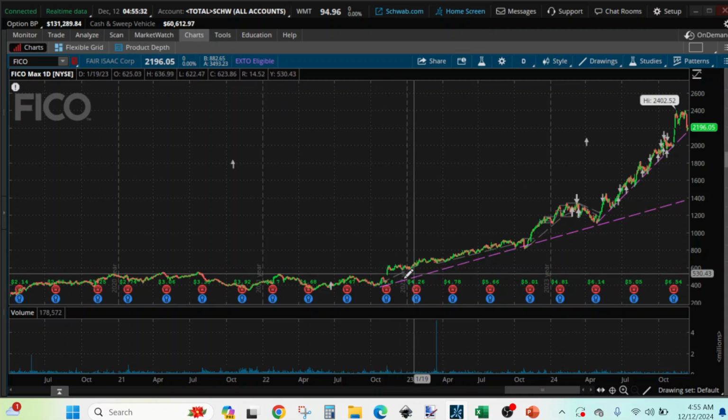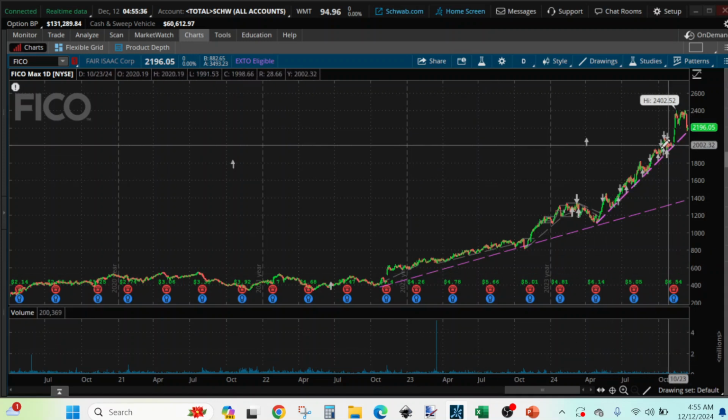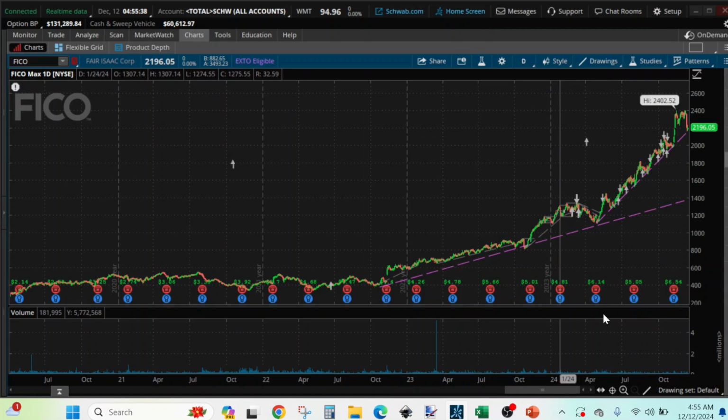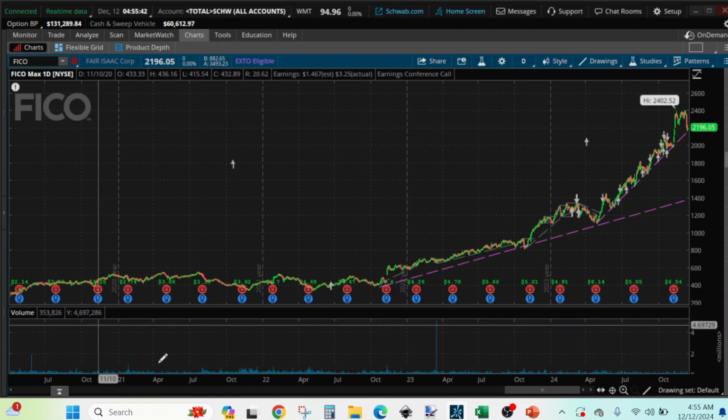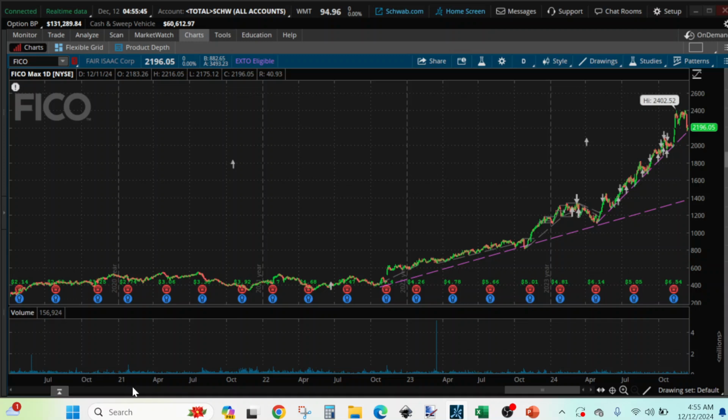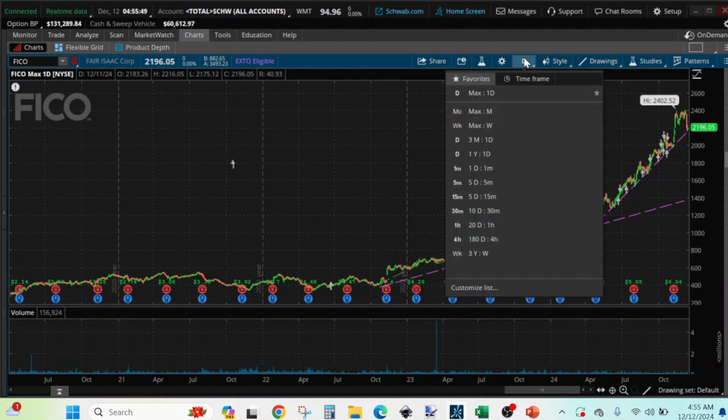But then we have this. So based on that assumption, I decided not to. But again, since this maximum daily chart is not showing us past March 2021, we can go to maximum monthly.